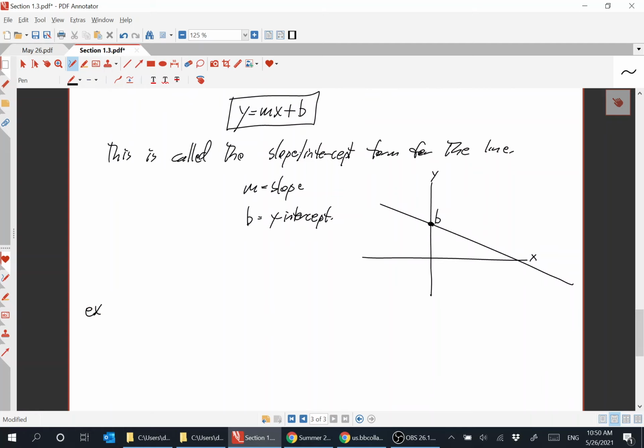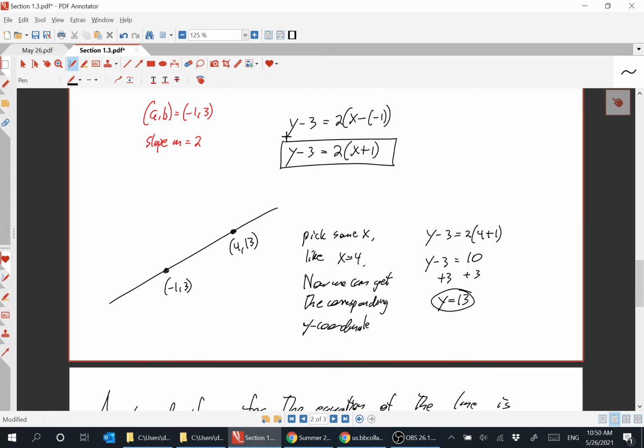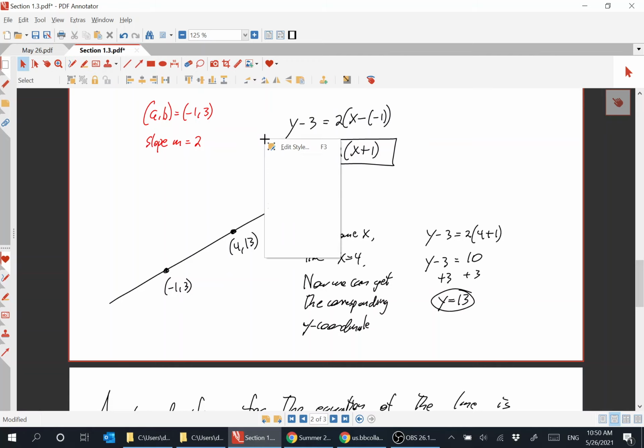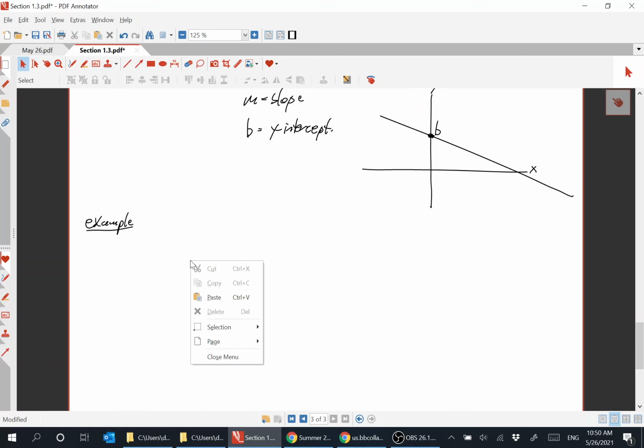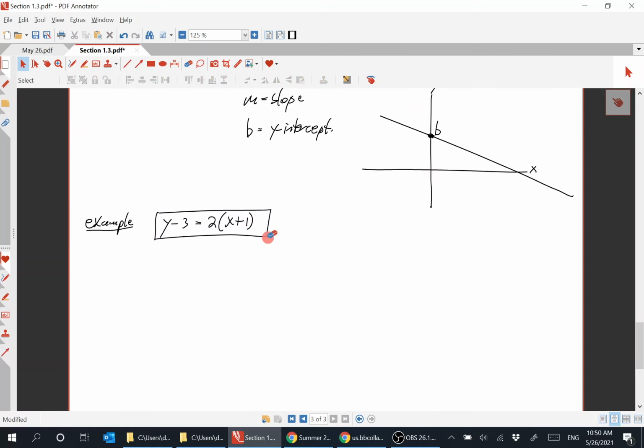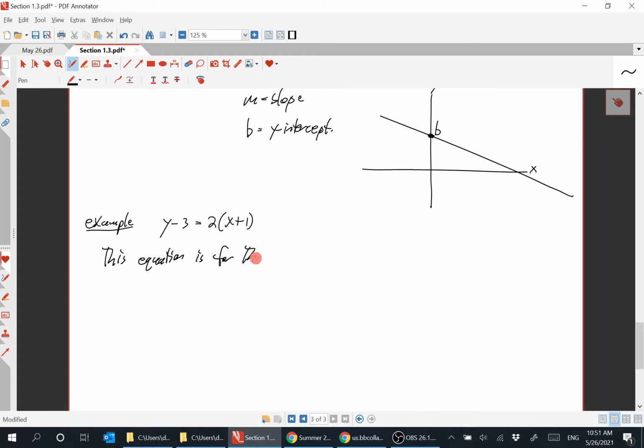So, for example, in the last example, this is the equation of the line with slope 2 and passing through the point minus 1, 2.